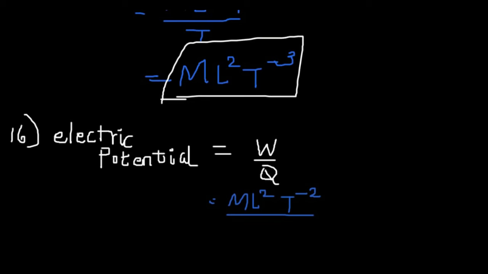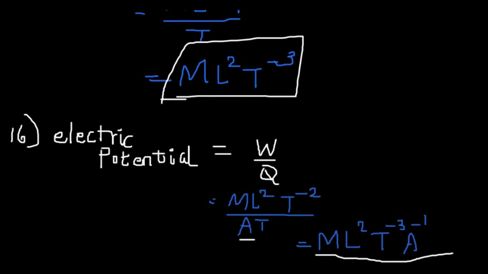For charge it is AT. If this T, which is T power 1, goes to the numerator, it becomes T power minus 1. So minus 2 minus 1 is T power minus 3, and A power 1 going to the numerator becomes A power minus 1. So M L square T power minus 3 A power minus 1 is the dimensional formula for electric potential.